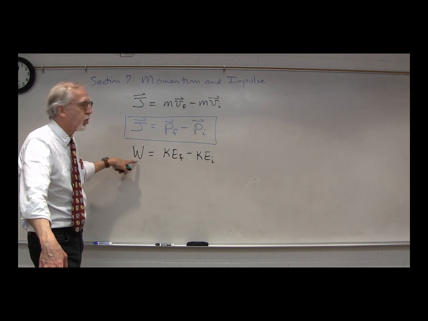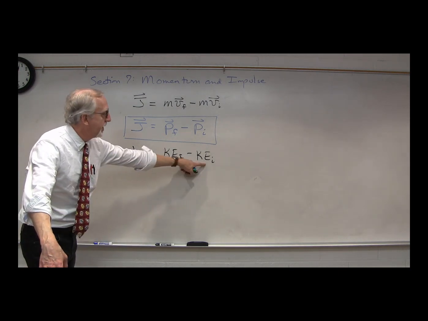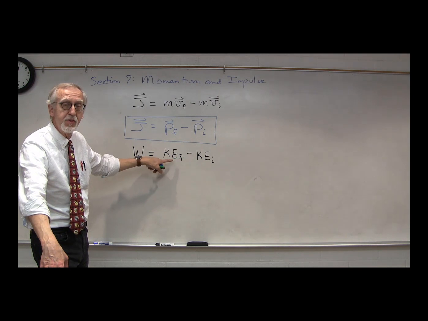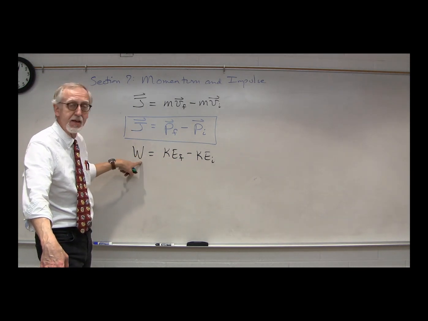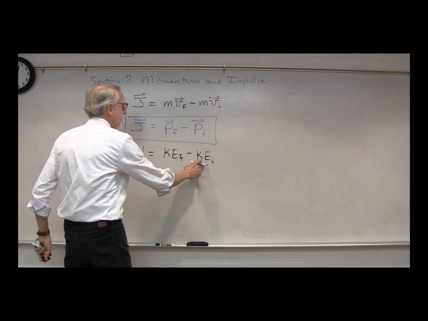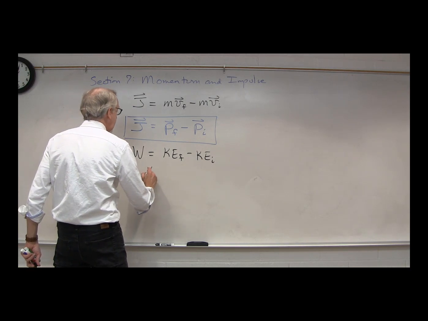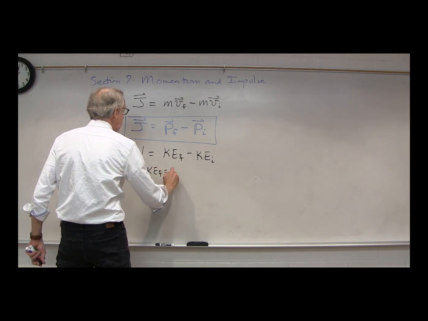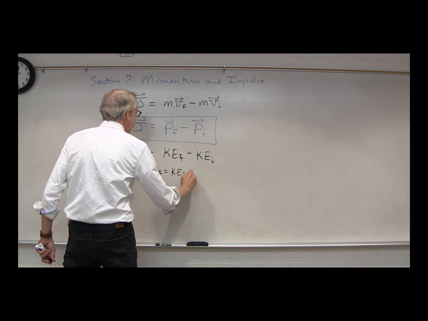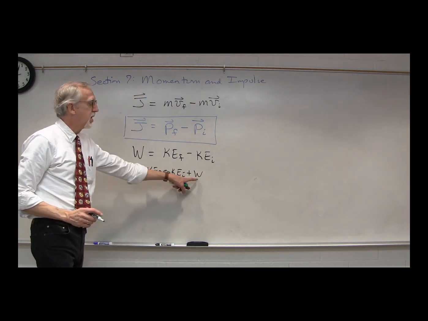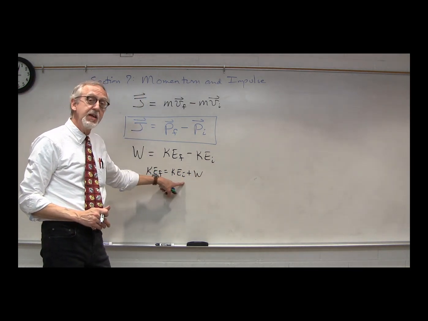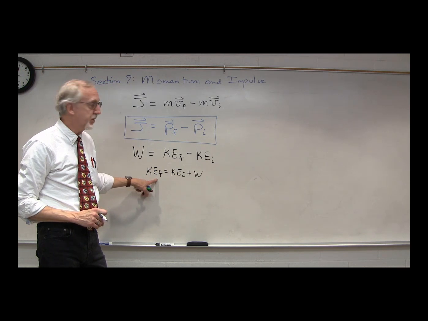And whatever work we do increases the kinetic energy by that amount, so that the final is that much larger than the initial. You might look at it bringing this over here. We could say that KE final was equal to KE initial plus the work done. So whatever work we do goes into increasing that object's kinetic energy.